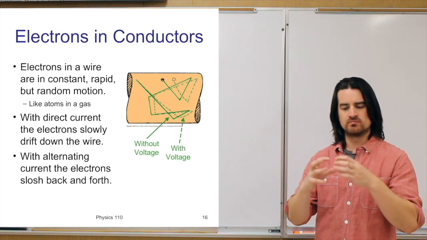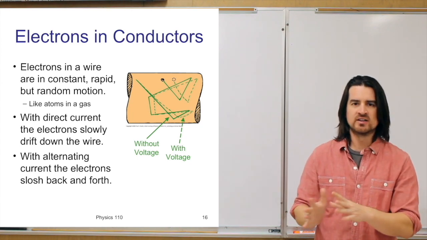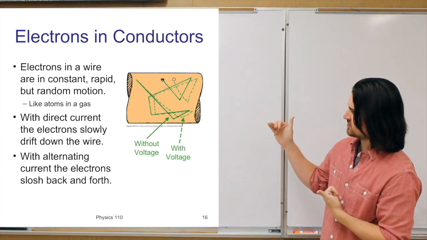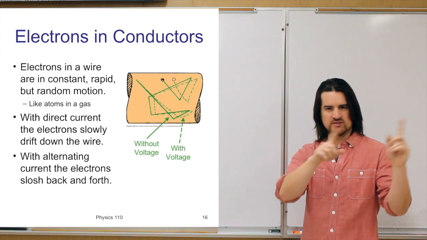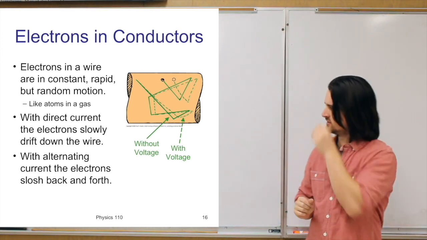They're not necessarily contained to one atom or another. They get shared by the whole material. So in a conductor, you can think about the electrons as being their own kind of gas almost. They're tiny little things moving around constantly, doing all this random stuff.